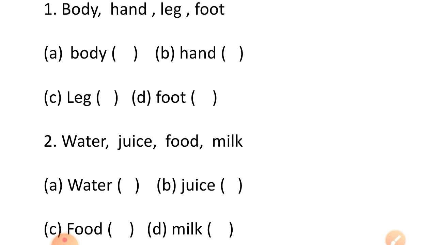Now, students, in the given options, water, juice and milk are the liquid part of food, while food contains all types of food items, that is solid and liquids. Hence, the odd word is food. So our C option is correct.